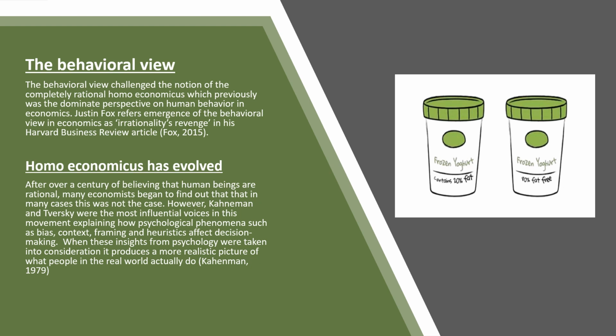Even though those two labels are saying exactly the same thing, people react differently to them, and that's an example of how the message was framed. And in the next few slides, I'll be talking a bit more about the behavioral view and how that affects policy.